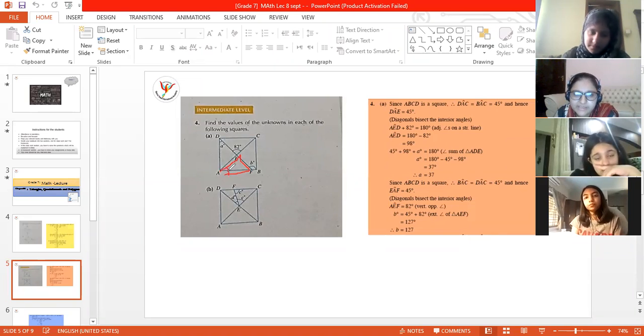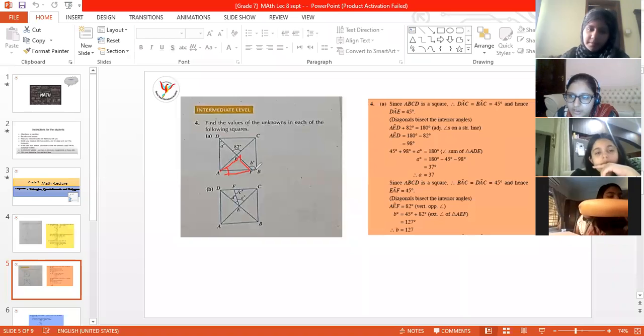This part is 45 degrees. This part is 82 degrees. And if you can see, this angle B is outside the triangle, it means it is an exterior angle. Then what is the formula to find the exterior angle? Sum of interior opposite angles. So 82 degrees plus 45 degrees equals B degree.